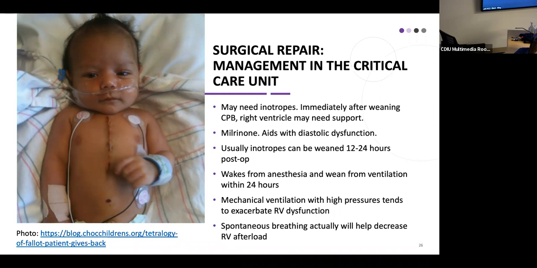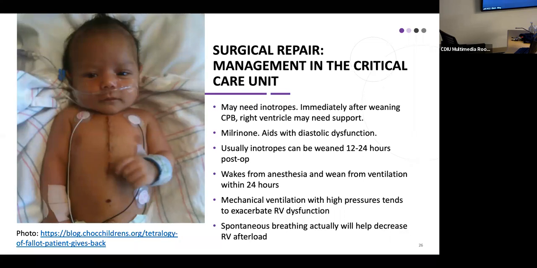Immediately after surgery, the patient may need inotropes, and due to weaning after cardiopulmonary bypass, the right ventricle may need support. So milrinone will be used to aid with diastolic function. Usually we aim to wean inotropes within the first 12 to 24 hours post-operatively.